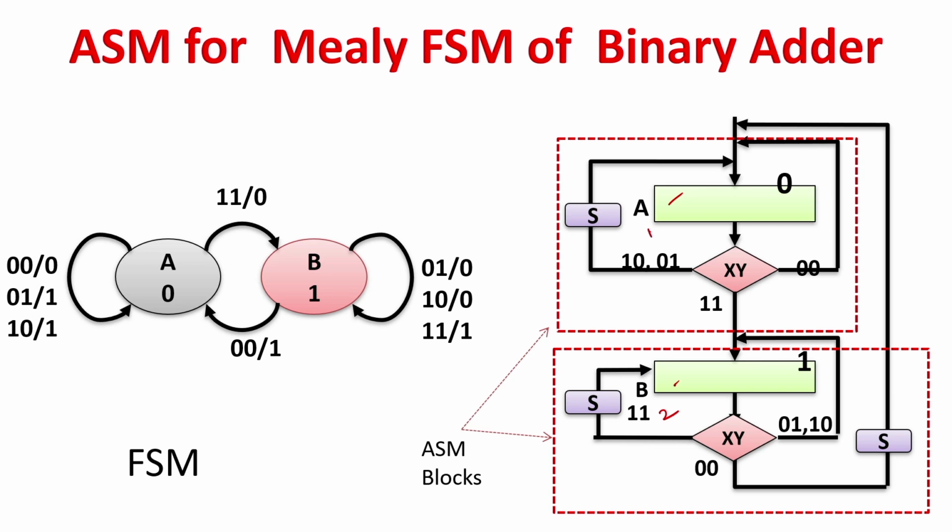An ASM block means the state box, the associated condition boxes, and all its outgoing edges and conditional boxes. All of these get executed in one cycle, and based on conditions it goes to the next ASM block, or it may stay in the same ASM block.